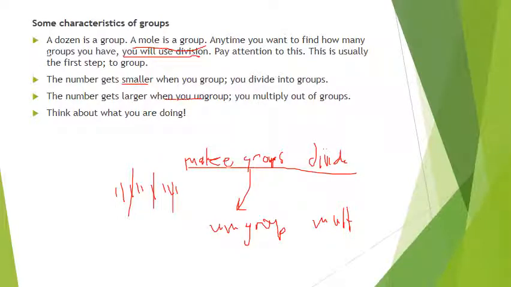And I think this is important to know. So when we get into moles here, remember a mole is a group. So if I ask you how many moles something is, the number that you end up with will be smaller than the number you start out with because you're grouping. If I ask you how many molecules are so many moles, your number will be larger because you're emptying things out of the moles.